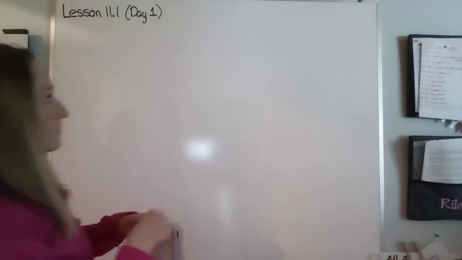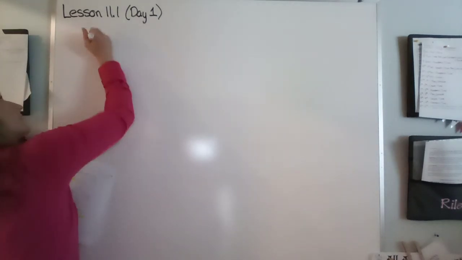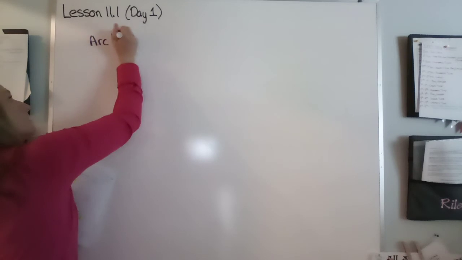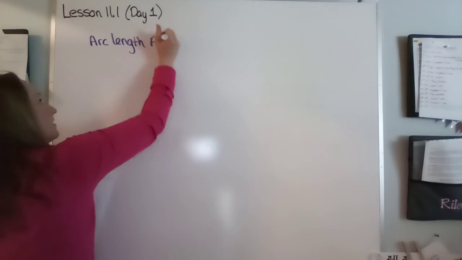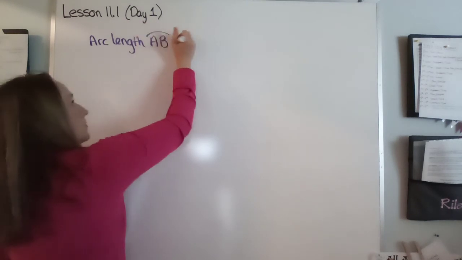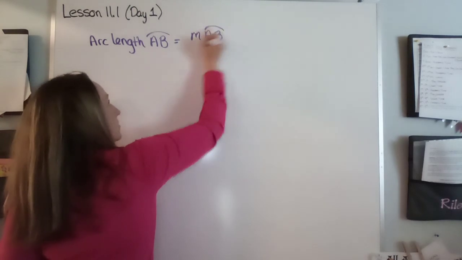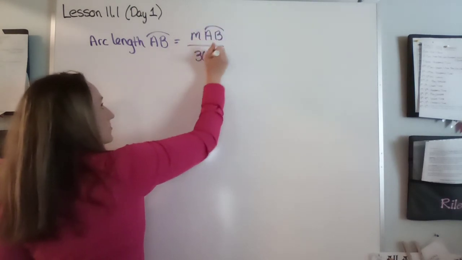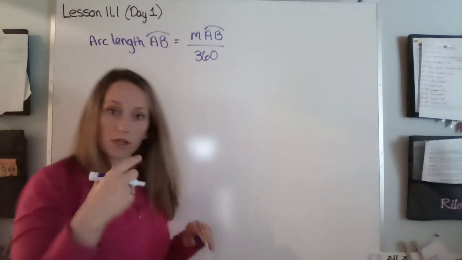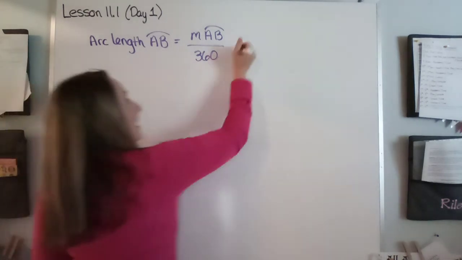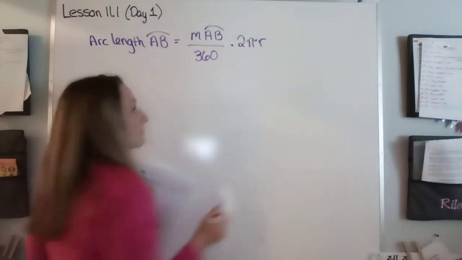Okay, so again, when we talk about arc length, arc length AB is going to equal the measure of arc AB over 360, because there's 360 degrees in the whole circle, so I want to know what fractional part the given arc represents, and then times 2 pi r, or times circumference.